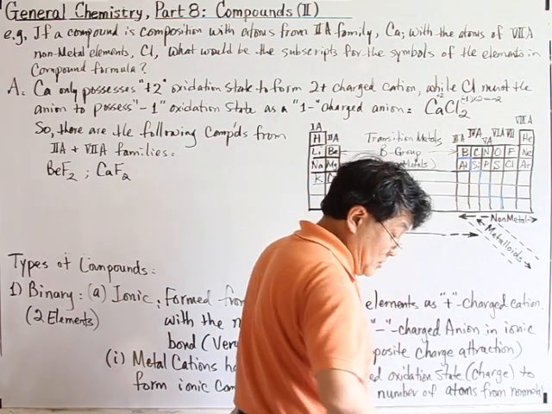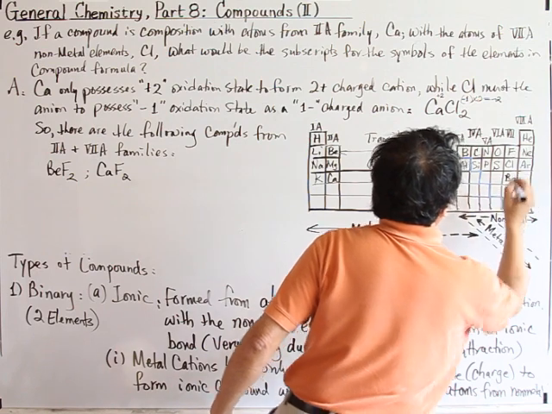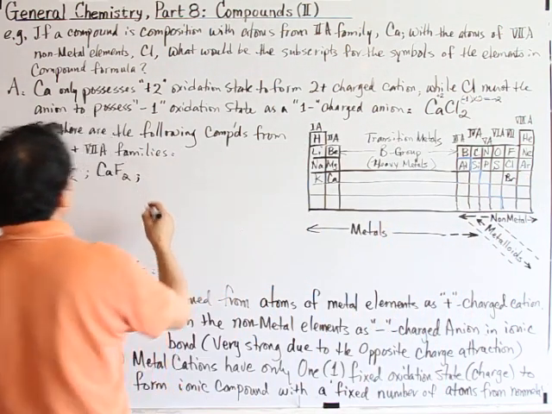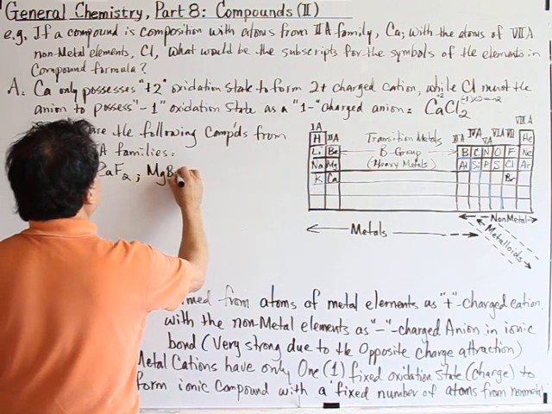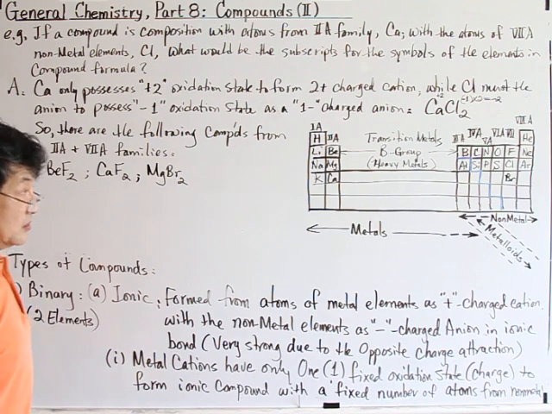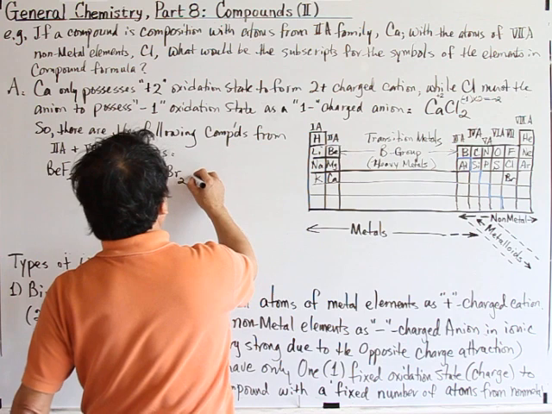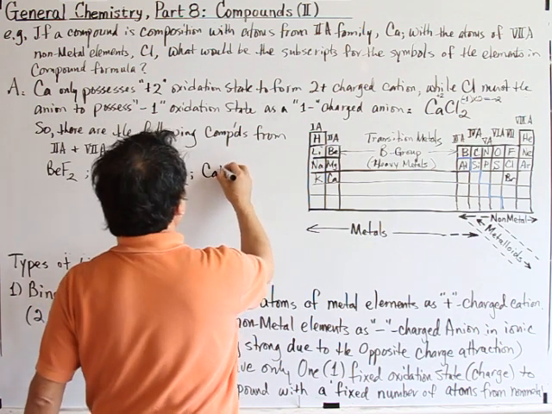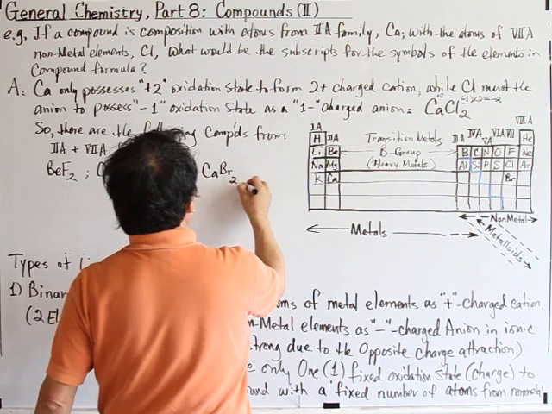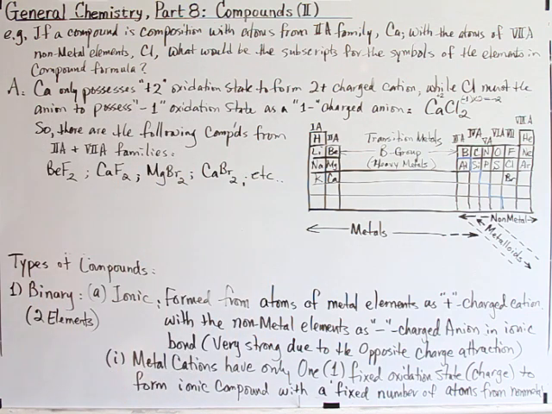You can have a bromide here, and you may have magnesium bromide too, and you may also have calcium bromide too, and so on. You can continue forever, because we understand this.